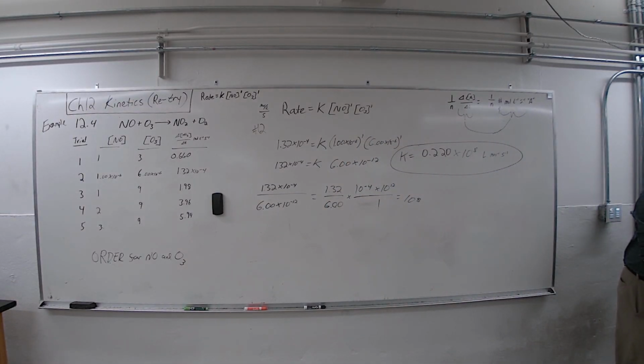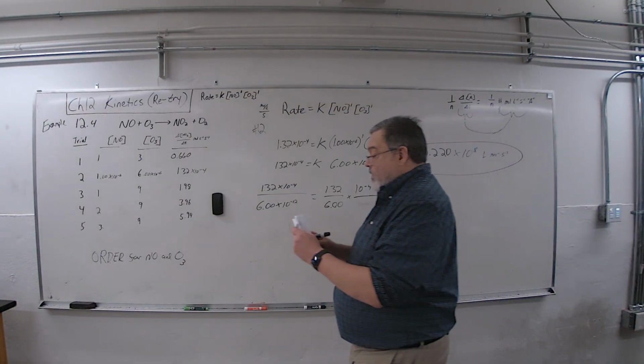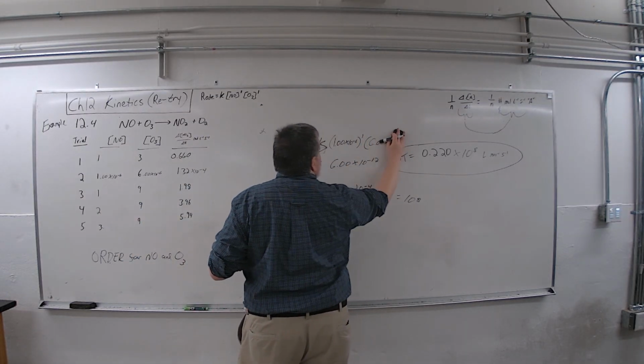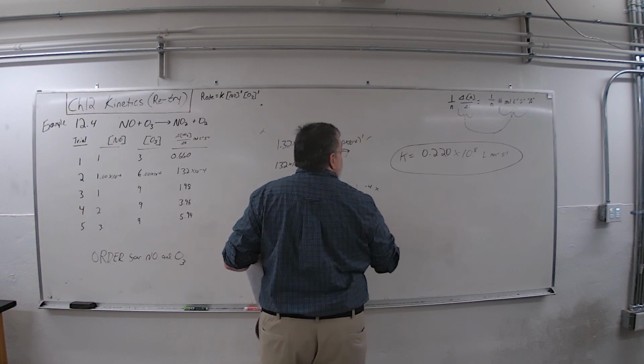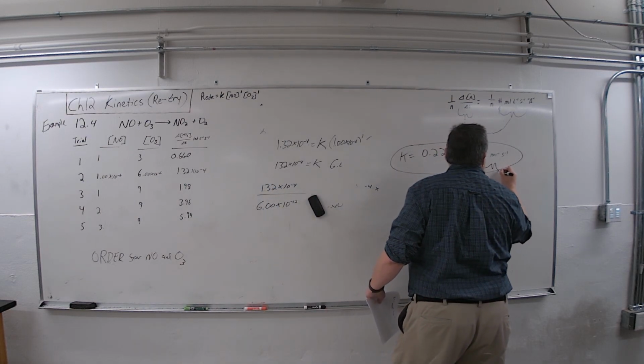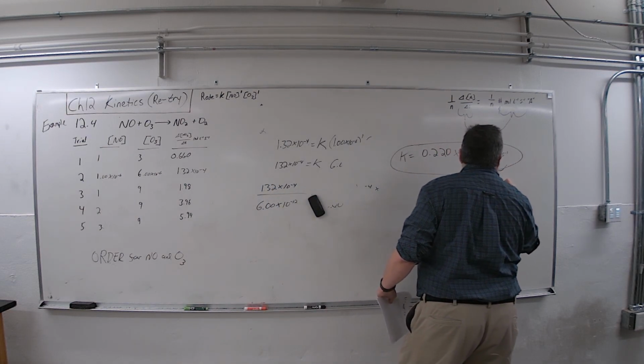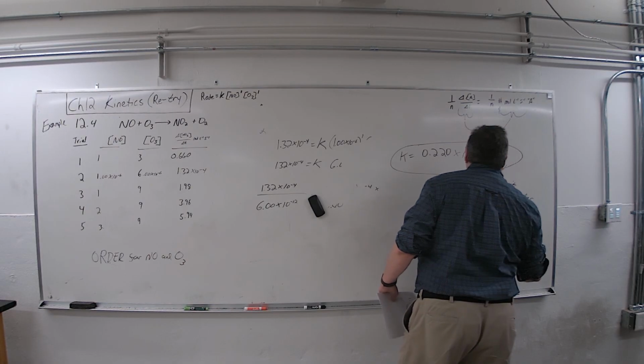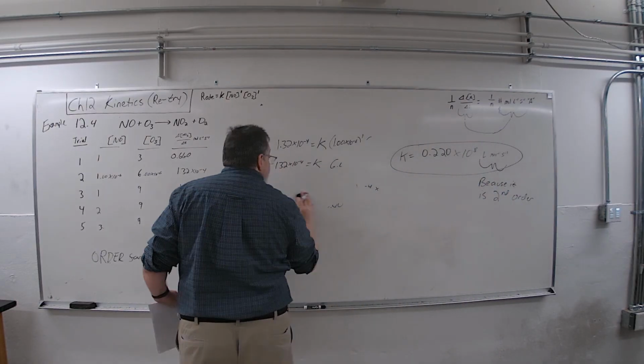And I'll write it on the board, but it's in the book. Two things I can put here. So that's what we found, and I put these as the units. Those were the units because it's second order.